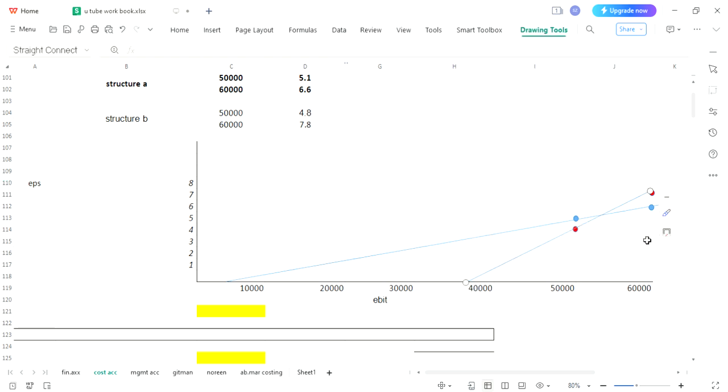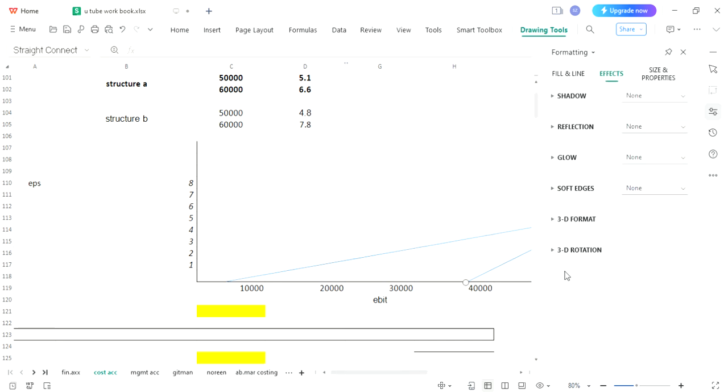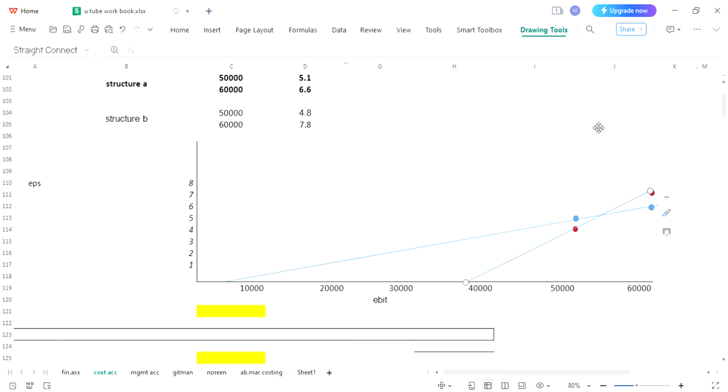Let's change its color as well. We are going to make it red, and red color is not present. Let's see if we can find the color. No, the color is not present over here, so we don't need it. Let it be put back.